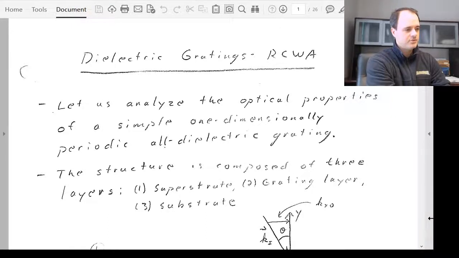And we had the rigorous coupled wave algorithm lecture, and that was layered material as well.